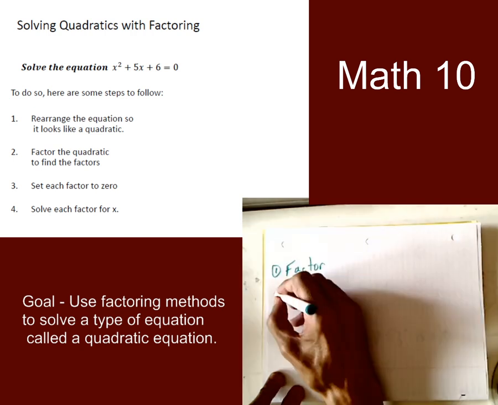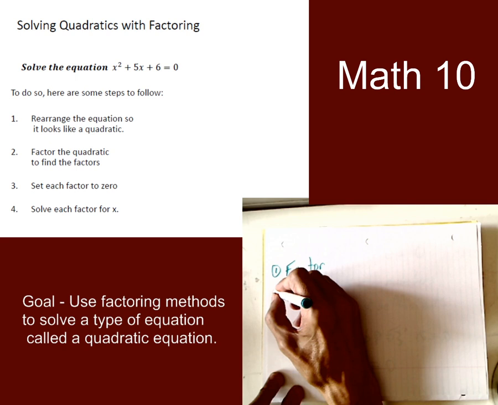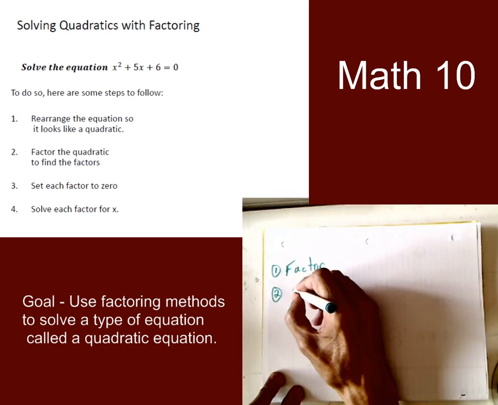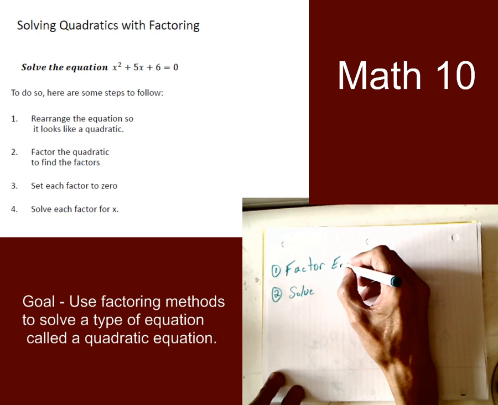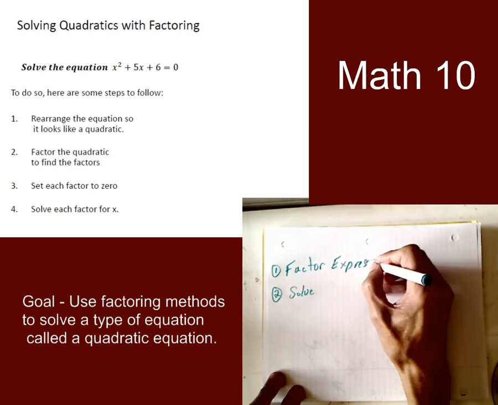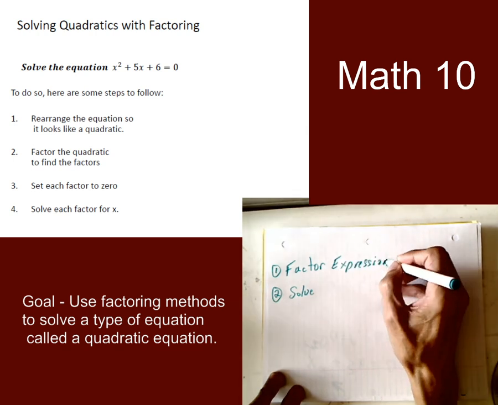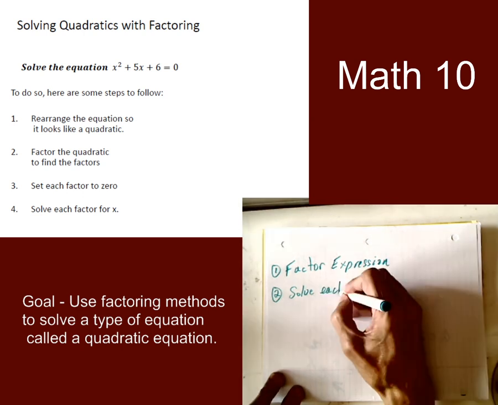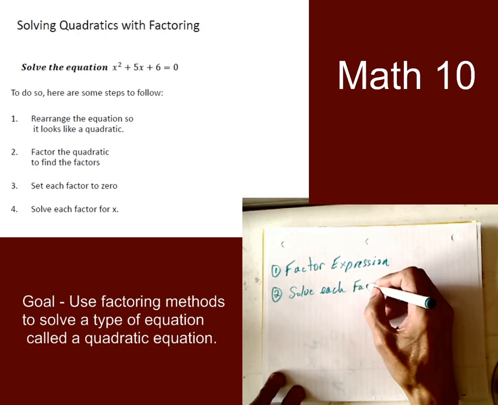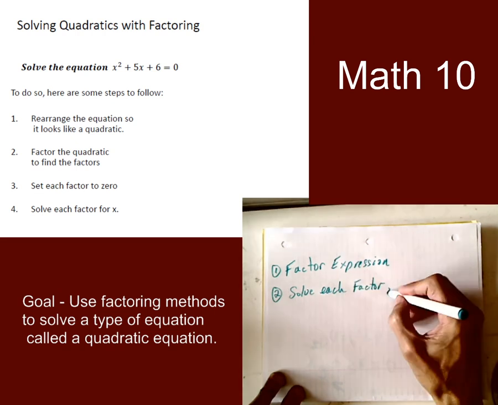It's really only 2. Namely these ones. You factor the equation, or I guess the expression. We're solving the equation. Factor the expression and solve each factor for x.